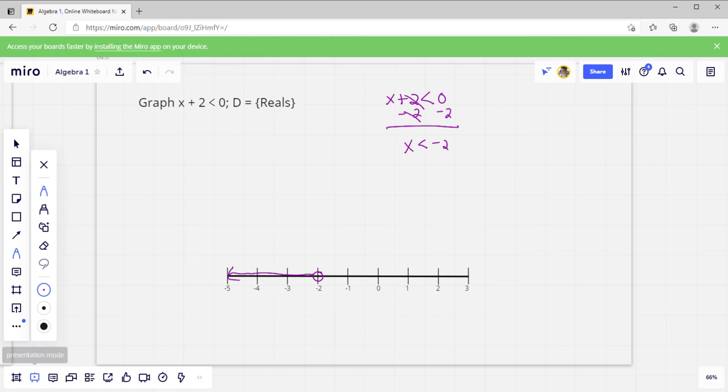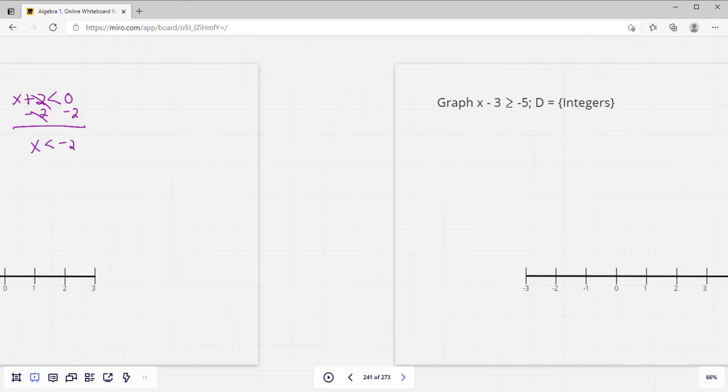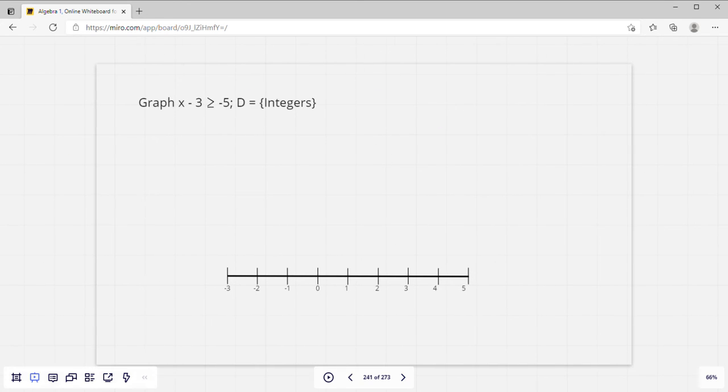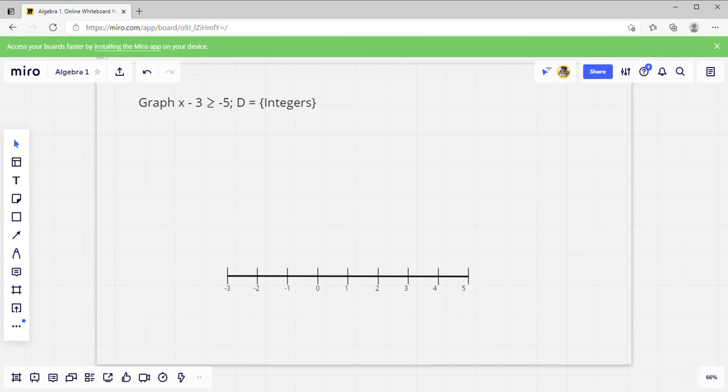Okay, let's try another one. X minus 3 is greater than or equal to negative 5. So we're going to rewrite that. X minus 3 is greater than or equal to negative 5. So now we're going to do plus 3, plus 3. Those cancel.